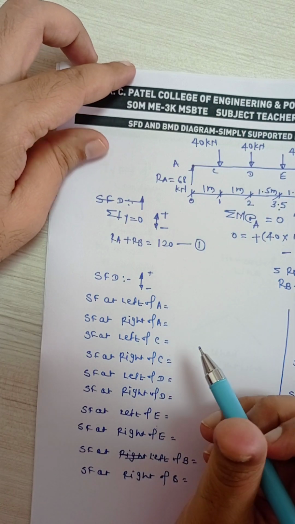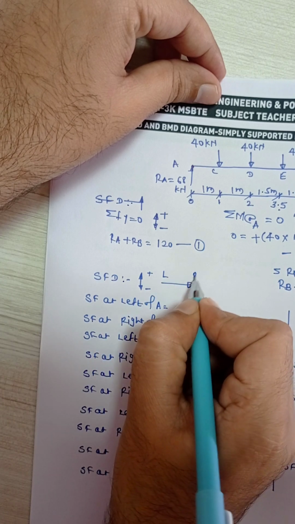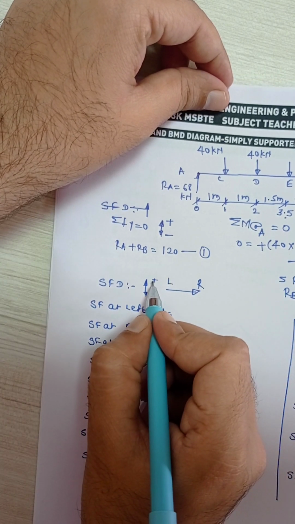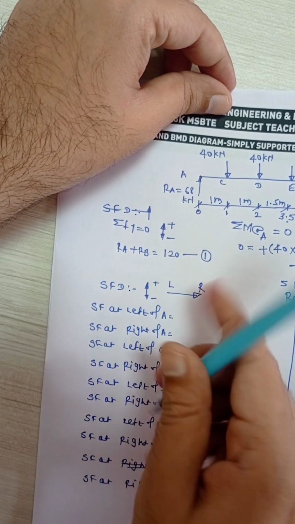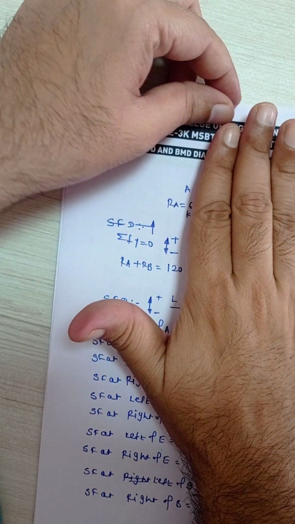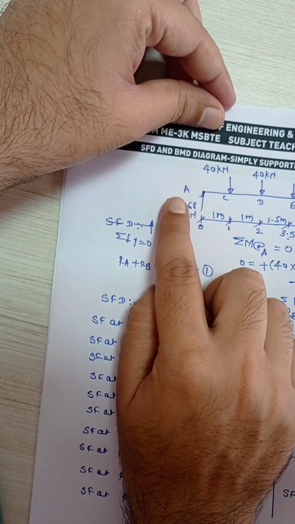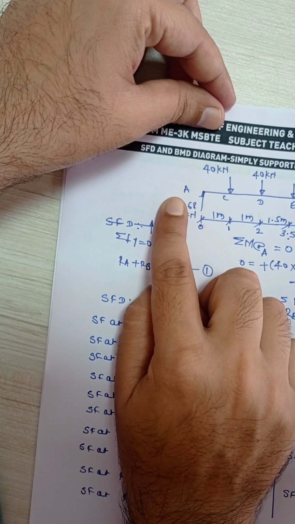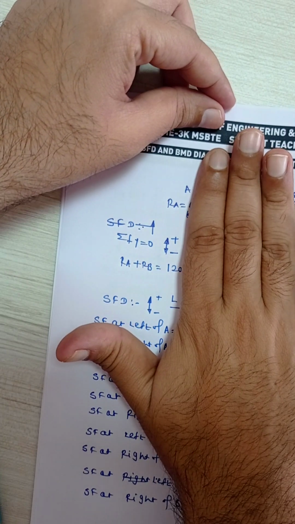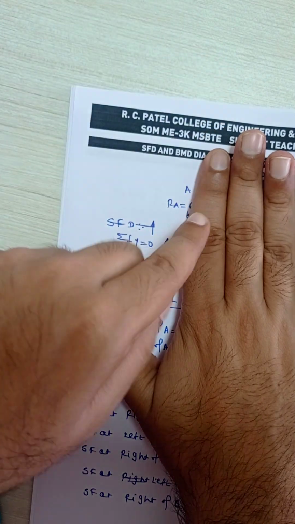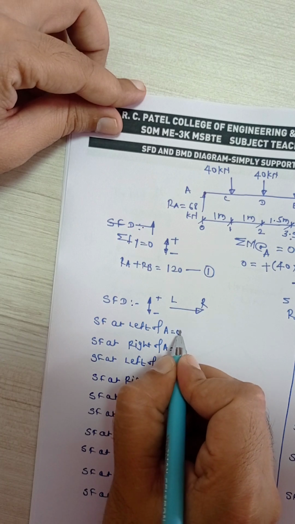I already explained in some videos that we have to move from the left hand to the right hand, and the sign convention is that upward going forces are positive and downward going forces are negative. So, left of point A, there is no force, which means the value will be 0.